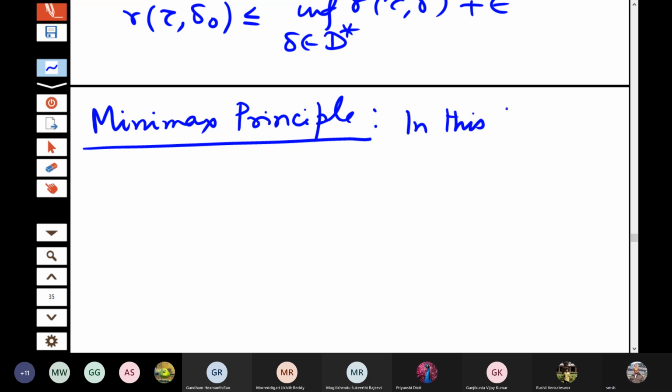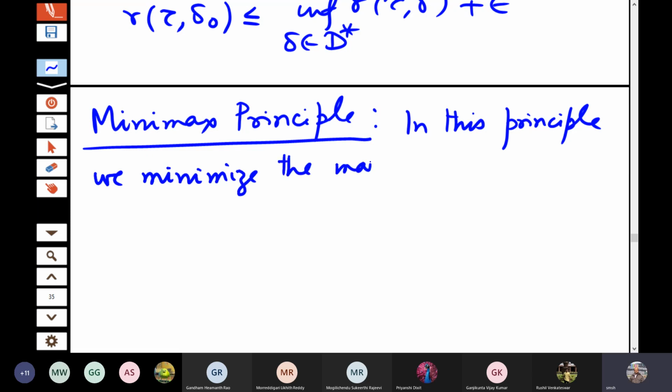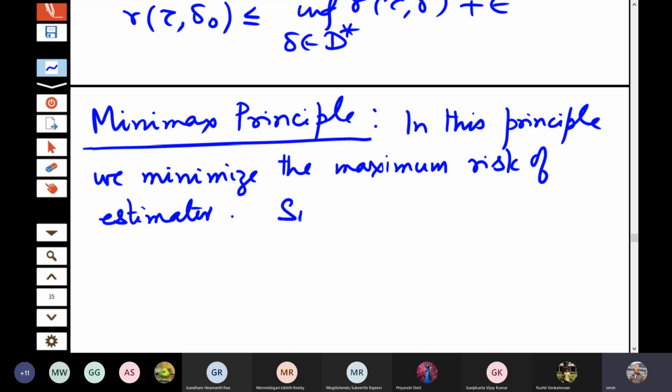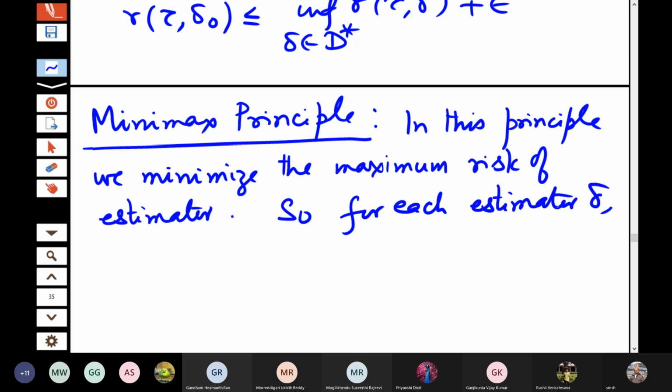Okay, so in this principle, we minimize the maximum risk. So for each estimator delta, the criterion is the maximum risk.